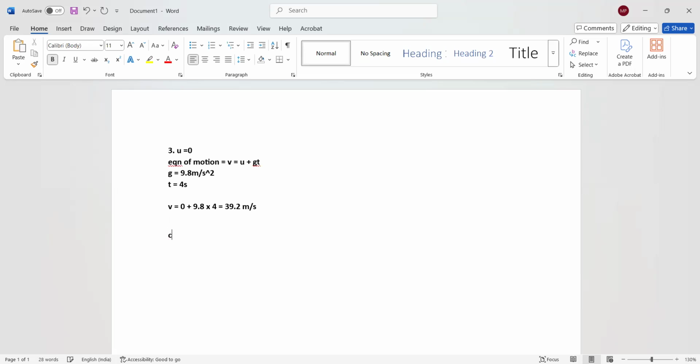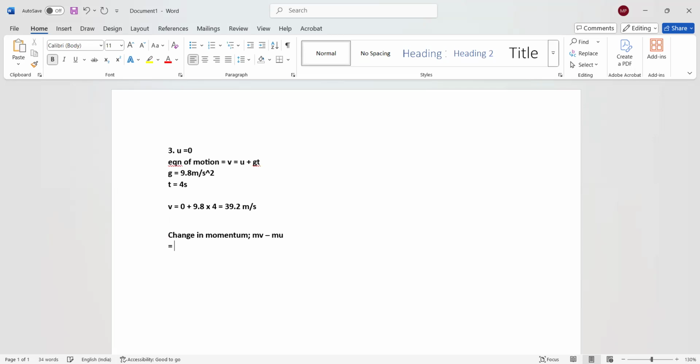So change in momentum is equal to mv minus mu.